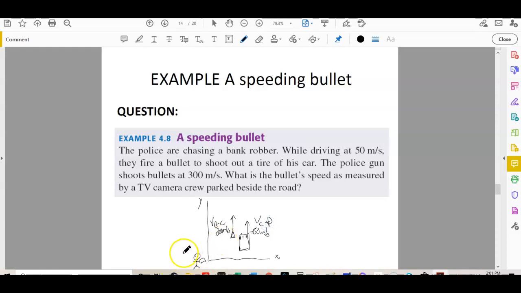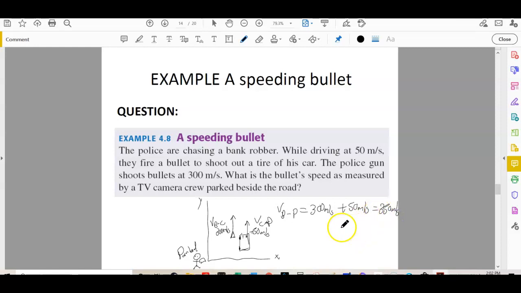So this is the parked people, right? So the speed of the car relative to the parked people is 50 meters per second. The speed of the bullet relative to the car, relative to its frame, is 300 meters per second. So to get its overall speed for the bullet relative to the parked crew, you're going to have to add that 300 meters per second to the 50 meters per second, and that should be 350 meters per second.